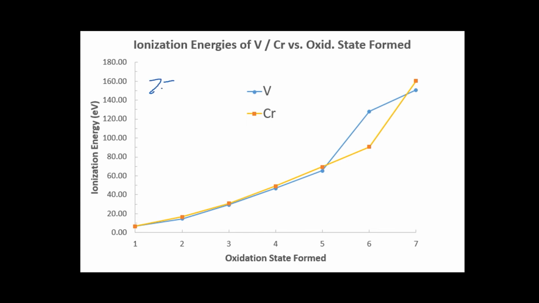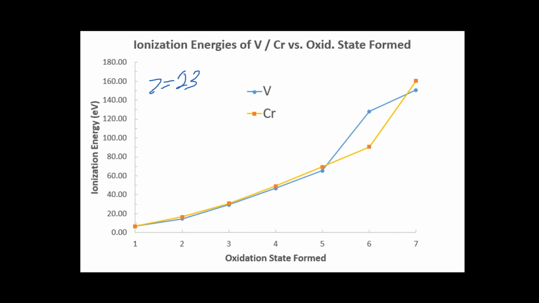We know the number of protons for vanadium is 23, and the number of electrons equals the protons in a neutral atom. This is the ionization energy, and this is the oxidation state, basically how many electrons were removed.